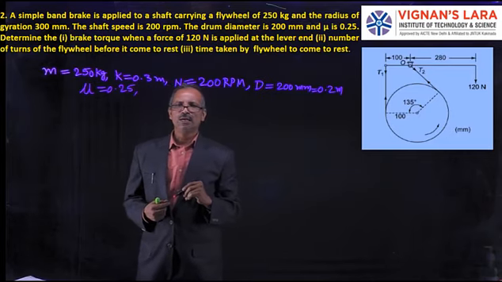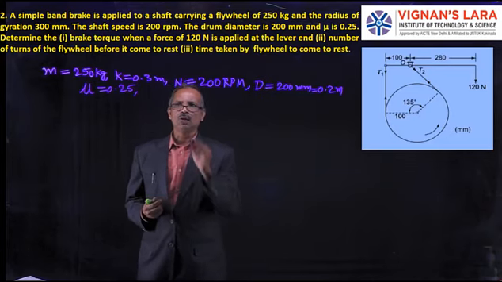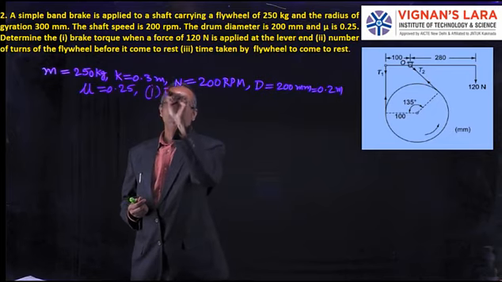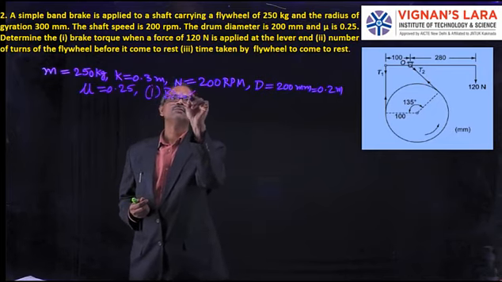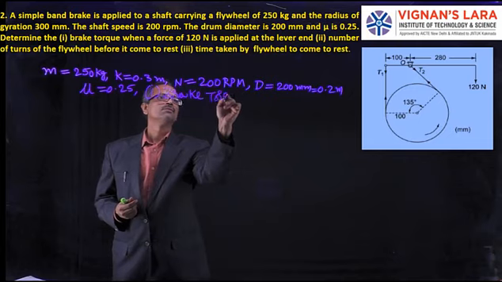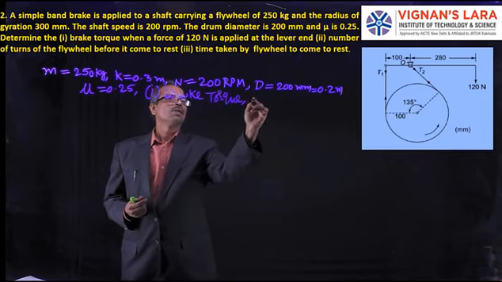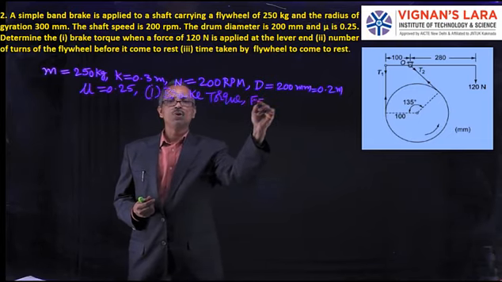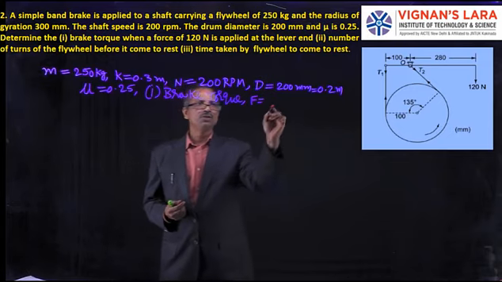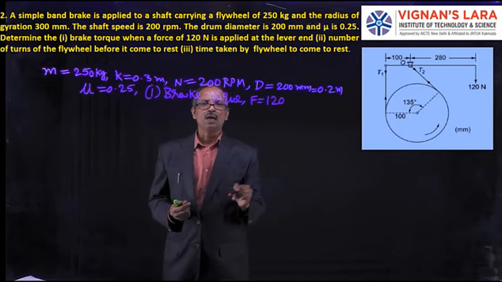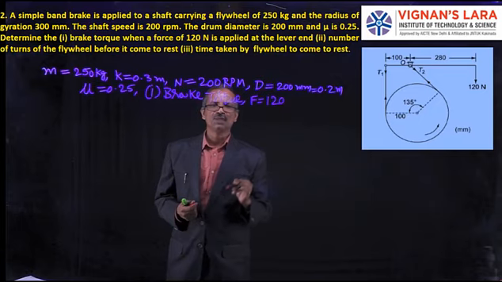Then determine the first part, the braking torque, when the force of 120 newtons is applied at the lever end. That is the first one.